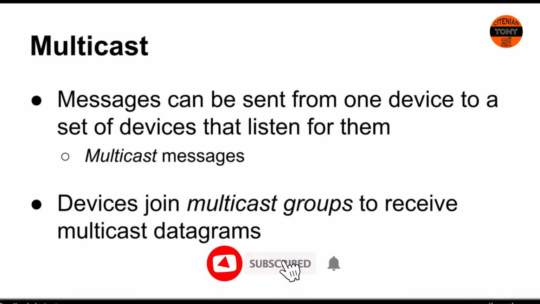There's yet another type of messaging called multicast messaging, which allows messages to be sent from one device to a set of devices that listen for them. And this set of devices that listens for the multicast messages have joined multicast groups. So we have these special multicast groups. A system can join one and receive multicast datagrams.